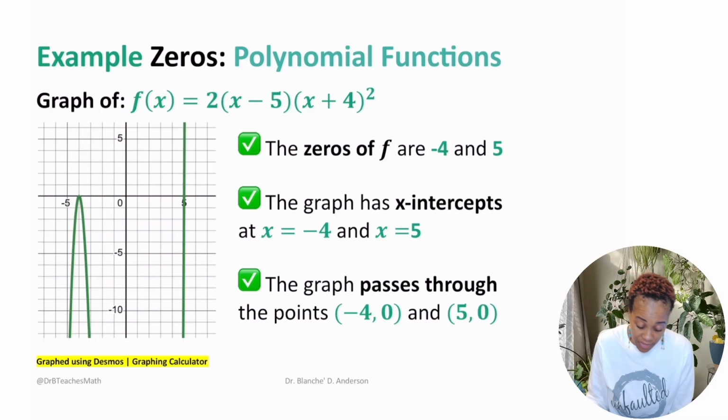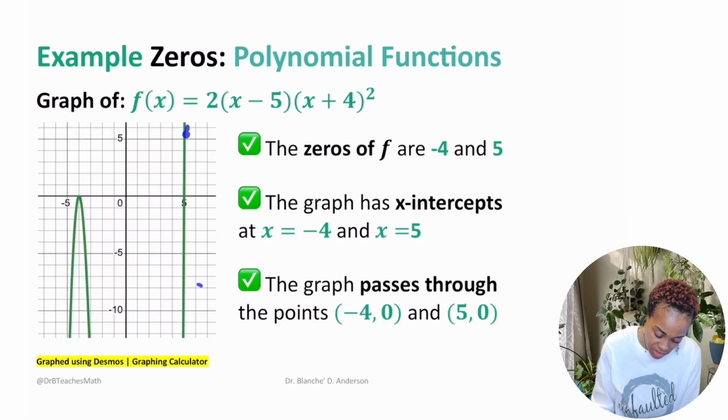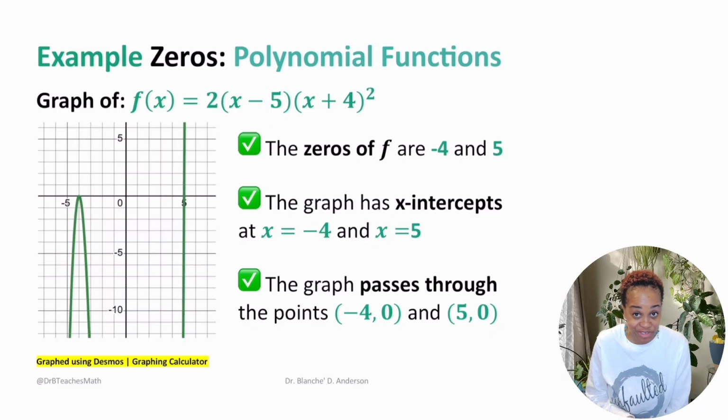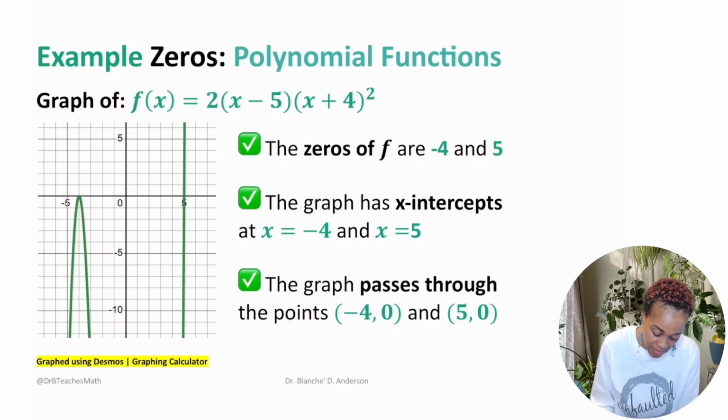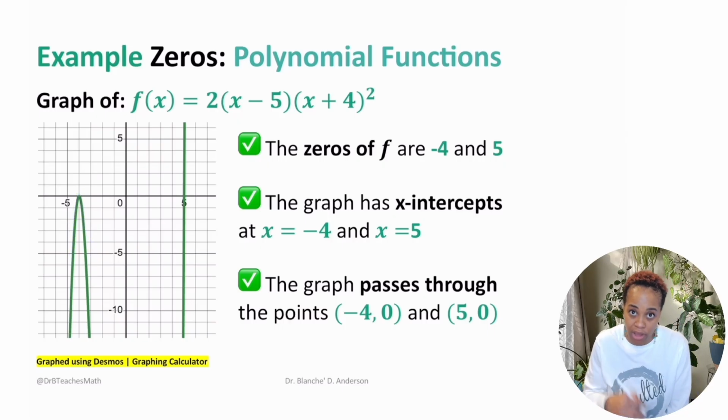Now, we said that the 5 had a multiplicity of 1. So that means the graph is going to cross straight through it, which it does, right? And then we said the -4 showed up 2 times. So it had an even multiplicity. So that means the graph is going to touch it and turn around at that 0, at that intercept.